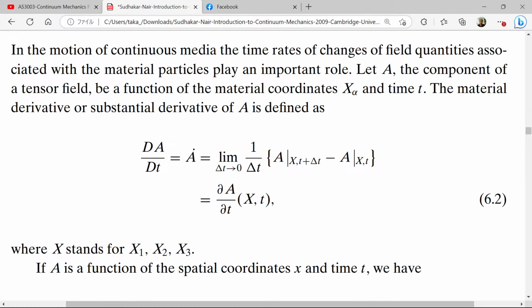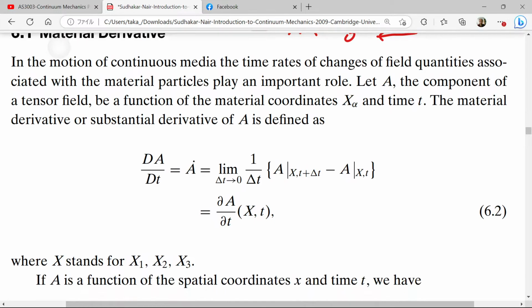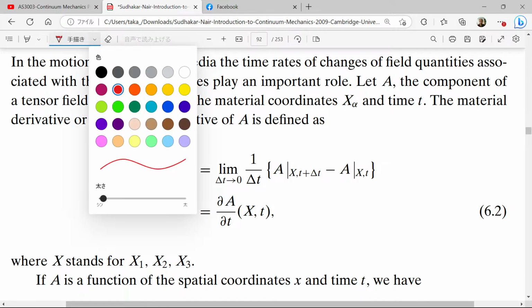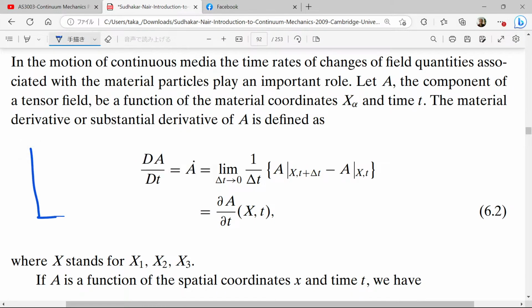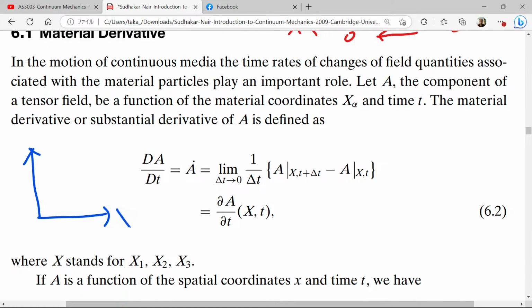See, I think in this case you have material space, which is X1, X2, and we are just considering this particle, right?